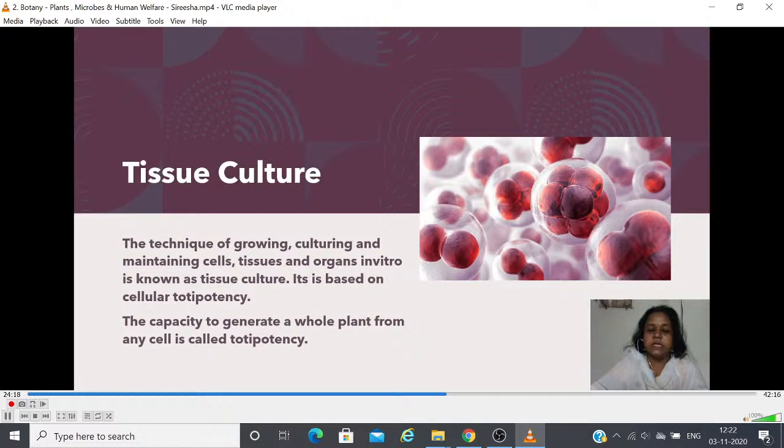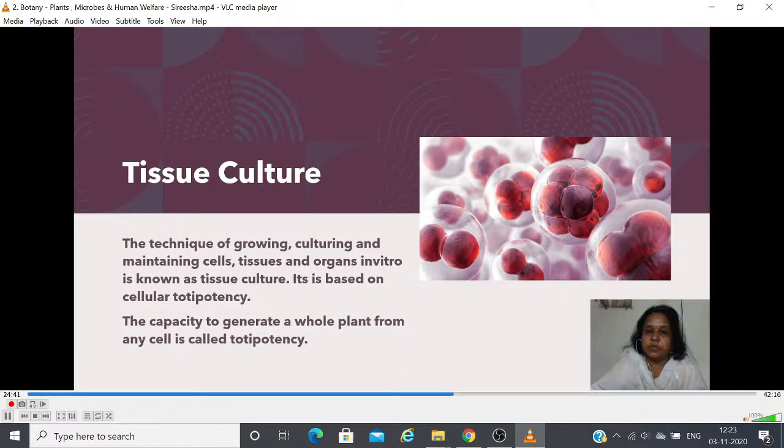This is what happens in tissue culture. The technique of growing, culturing and maintaining cells, tissues and organs in vitro is known as tissue culture. Here we are not doing any hybridization or artificial hybridization. We are just culturing those parts in the lab.